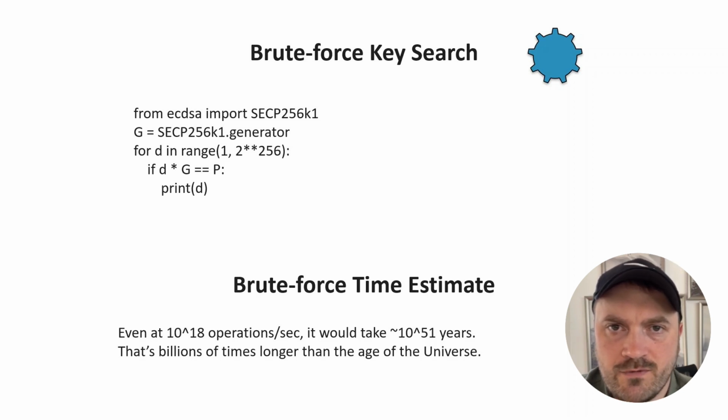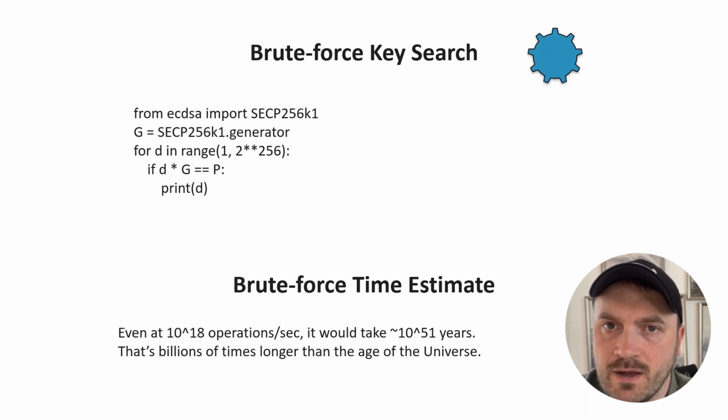Now if we divide 2 to the power of 255 by 10 to the power of 18, we get 5.78 times 10 to the power of 58 seconds. Convert to years and you will get about 10 to the power of 51 years.